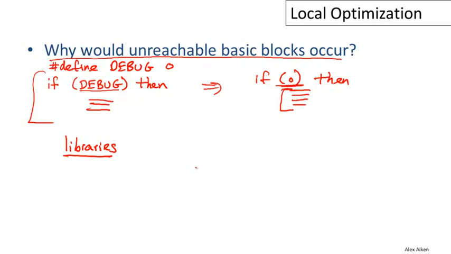And the rest of those methods could potentially be removed from the final binary to make the code smaller. And finally, another way that unreachable basic blocks occur is as the result of other optimizations. As we will see, optimizations frequently lead to more optimizations, and it could be that just through other rearrangements of the code the compiler makes some basic block redundant and able to be deleted.